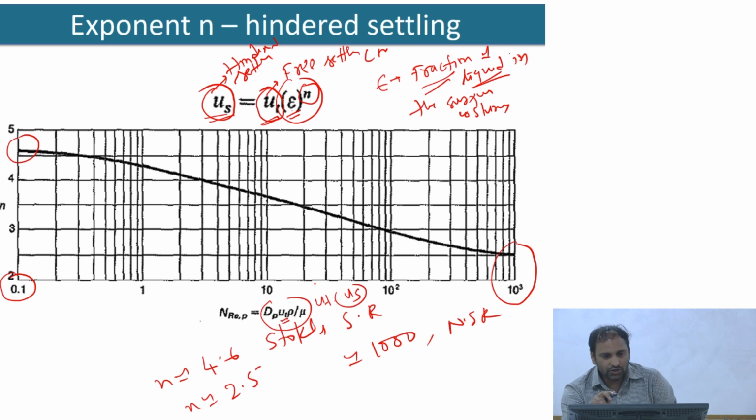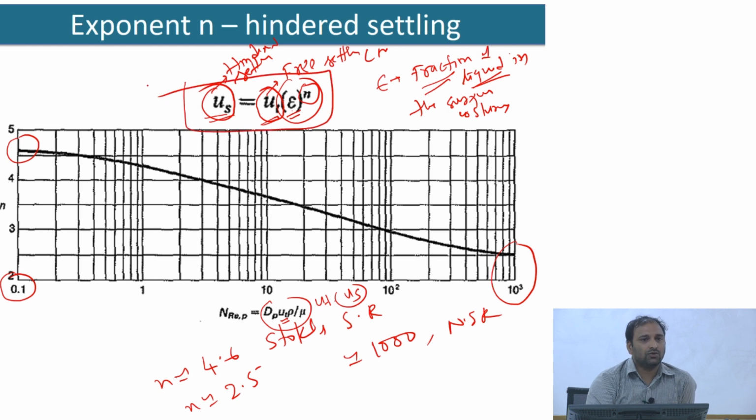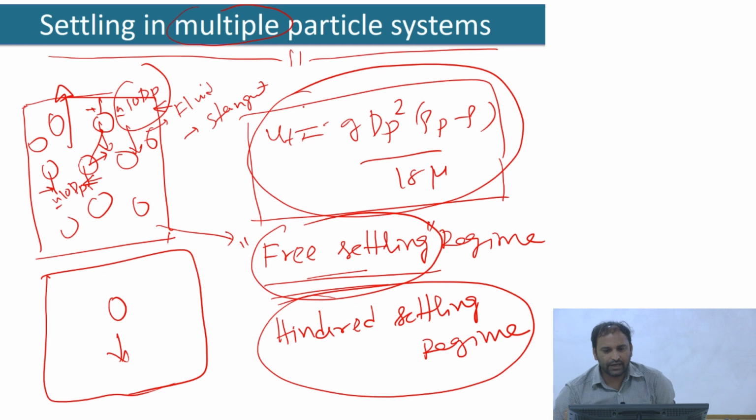Okay, so now I just want to think a little bit about how do we get this. As I said, people have done a lot of experiments and they've come up with this empirical relationship. It turns out that you can actually derive it. So that's what we're going to do for the rest of the class. Again, the starting point would be assuming a certain settling regime.